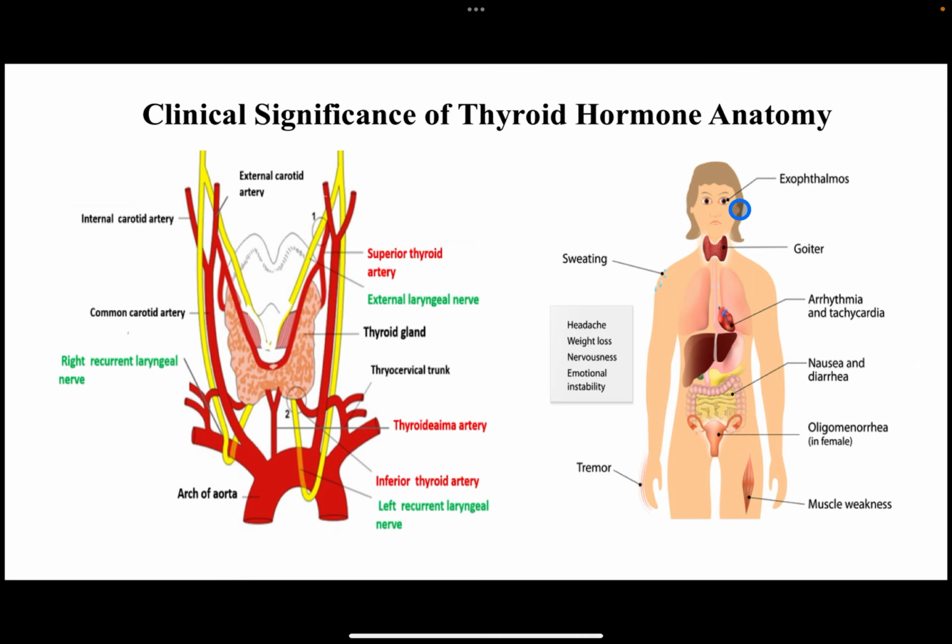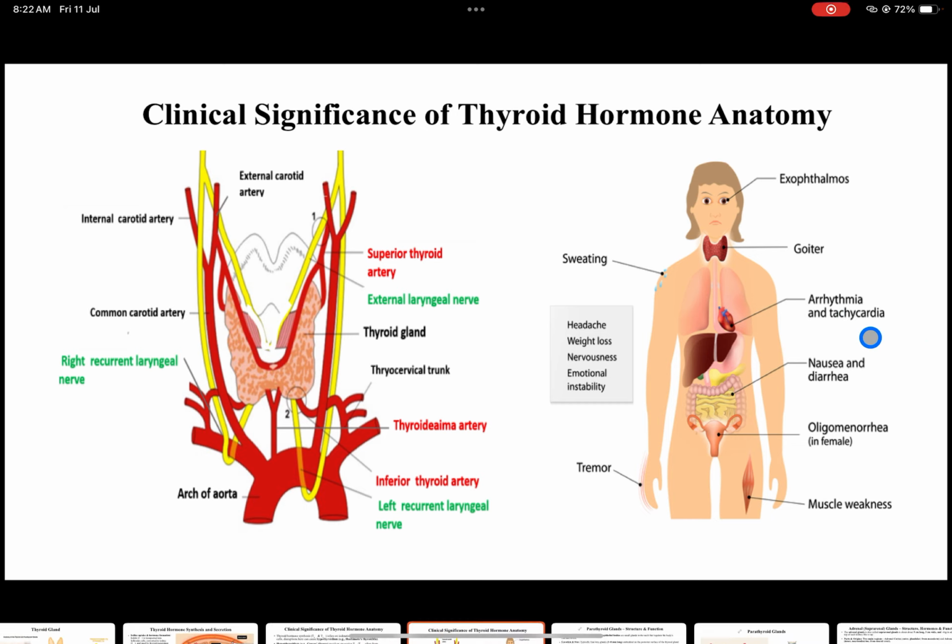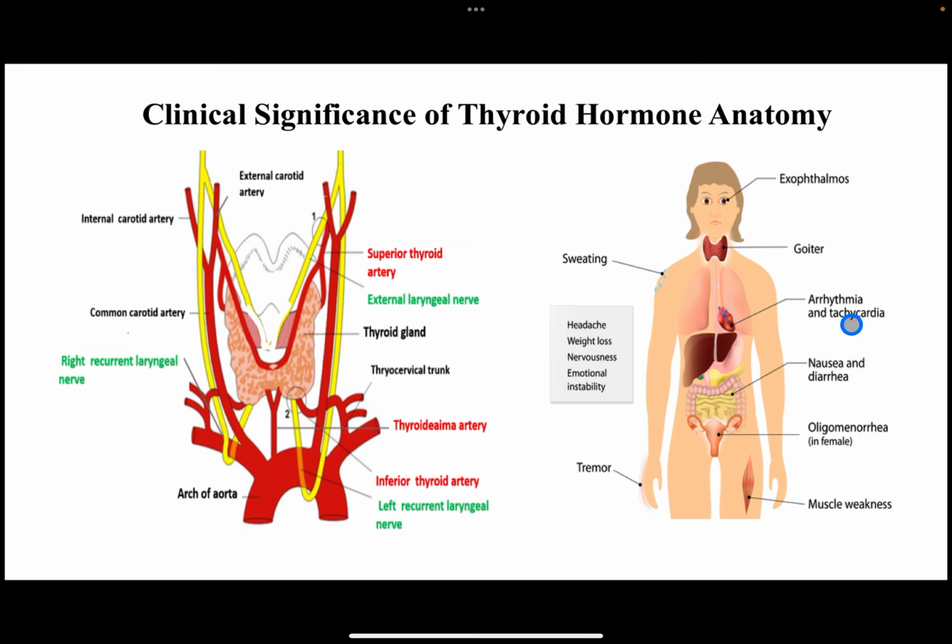In a condition like Graves' disease, patients will experience exophthalmos, goiter, sweating because of the high metabolic rate, tachycardia, nausea and diarrhea, oligomenorrhea especially in females, muscle weakness and tremor. Here we are talking about hyperthyroidism. You can also see headache and weight loss, even though these patients have increased appetite.